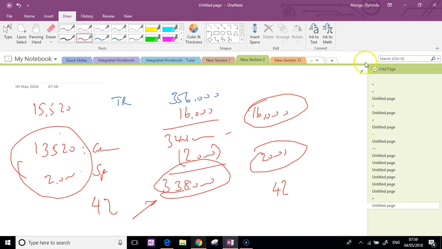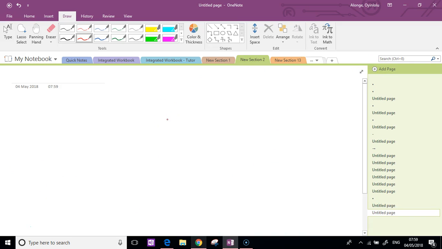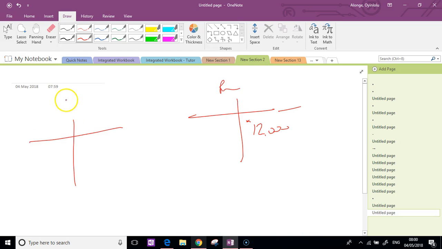Now, coming back to what I was saying, it tells us we have a provision of 12,000 already. We have already hit our income statement over the years with this potential liability of 12,000. Now someone tells us that we actually will have to pay maybe 15,520 in the future. Well, all I have to do is just top that up, right? Provision for doubtful debts, or allowance for doubtful debts.